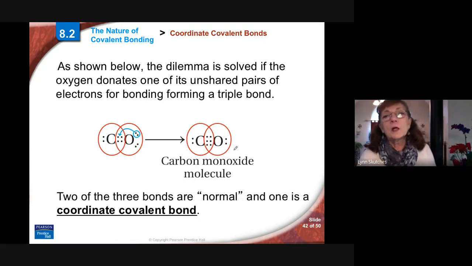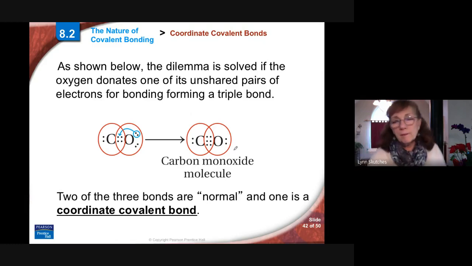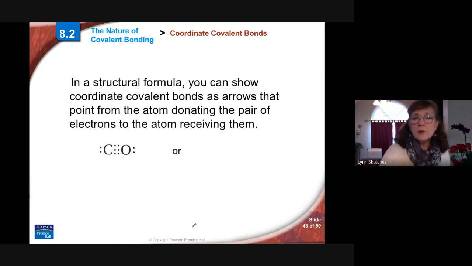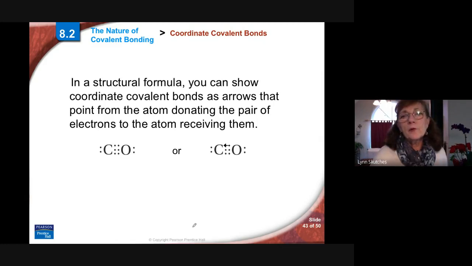So a coordinate covalent bond happens when both electrons in the bond come from 1 atom. And another technique that's used to demonstrate that one of the atoms is donating both of the electrons is a little arrow.